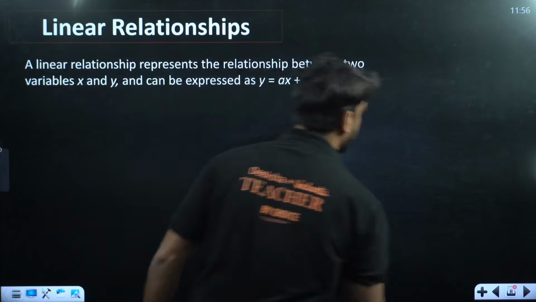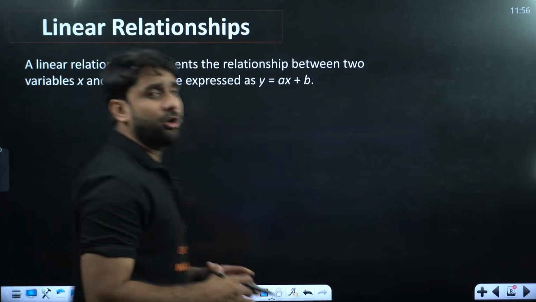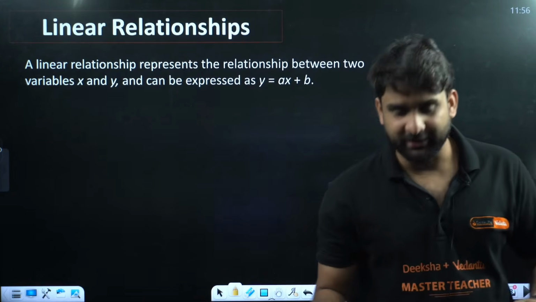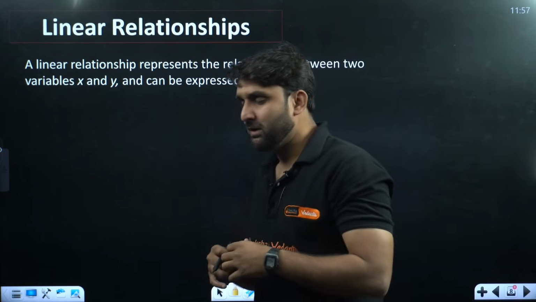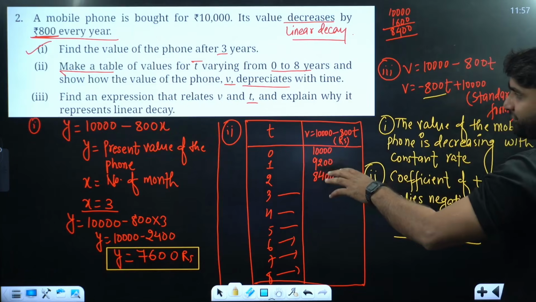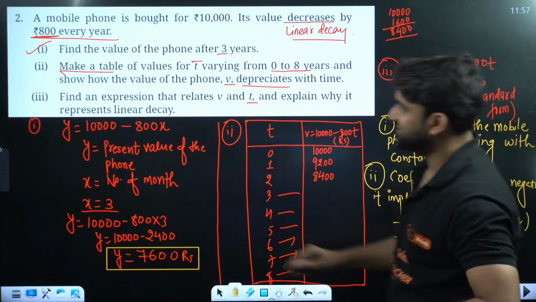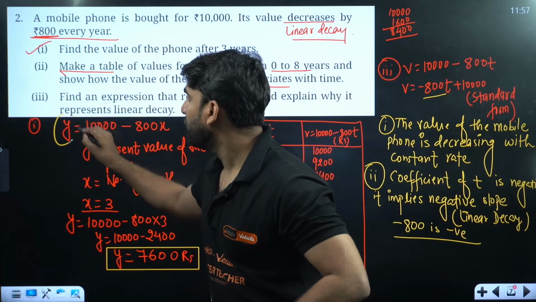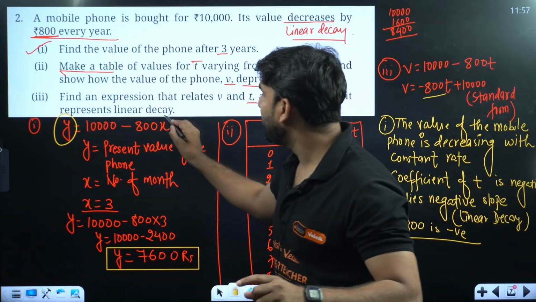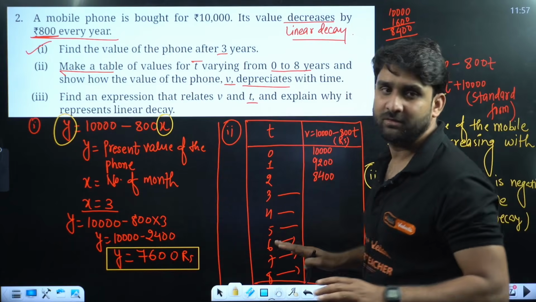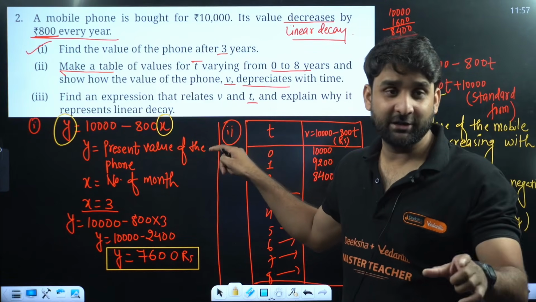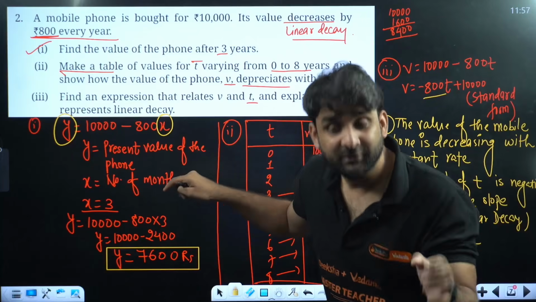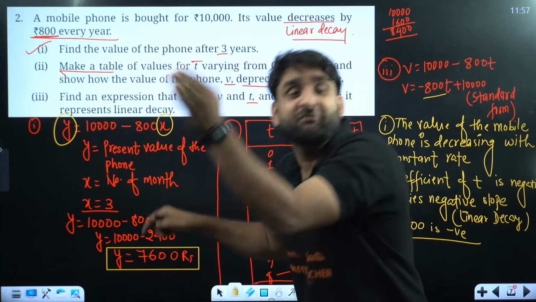Moving to next. Okay, now let's talk about linear relationship. So my dear champion, linear relationship means what? If we go to the previous question we discussed, this is the linear relationship between the value of the mobile phone and the year, because the value of the mobile phone is decreasing with passing years.